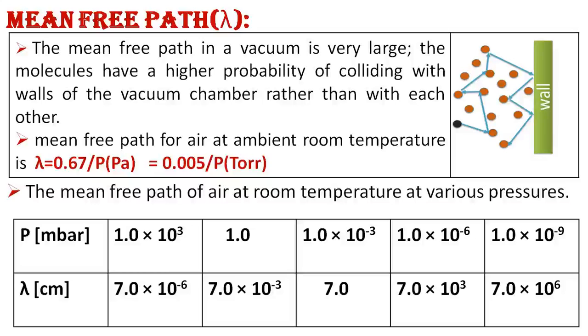When it is 1, you get 7 into 10 raised to minus 3. When it is 1 into 10 raised to minus 3, you get 7. And when it is 1 into 10 raised to minus 6, you get 7 into 10 raised to 3. When it is 1 into 10 raised to minus 9, you get 7 into 10 raised to 6. So there is an inverse relation between the mean free path and the pressure of the air.